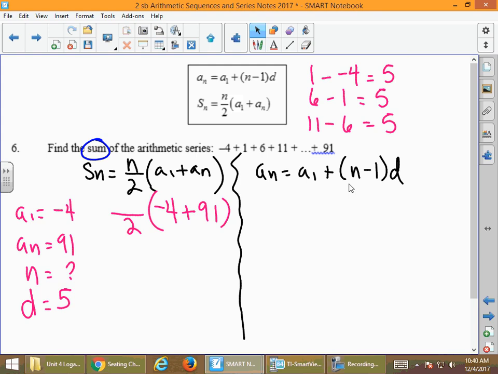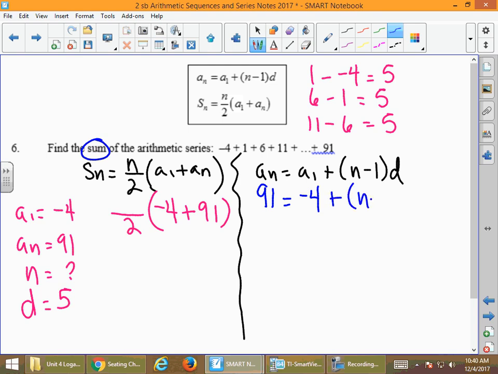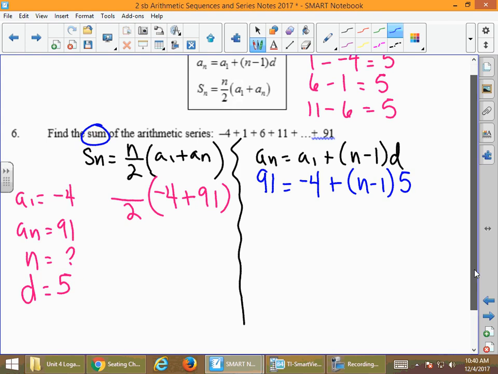When we come over here, we can still use what we know. We know our a sub n is 91. And our a sub 1 is negative 4. I'm looking to the left on our paper. Plus n, we don't know n, but we do know our common difference. And we saw one of these on example number 3, if I remember correctly.